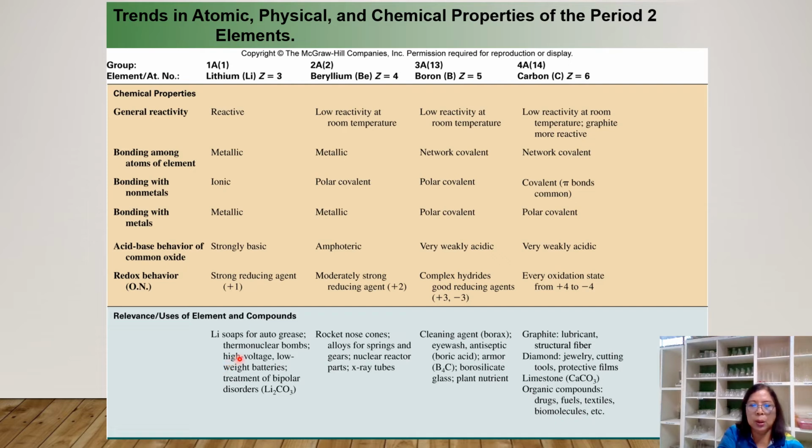They are also used in thermonuclear bombs, in cleaning, and in high voltage applications, or those highly sensitive in terms of electricity and pressure. They are also used in low weight batteries, and then they are used in the treatment of bipolar disorder. This is a medical function.